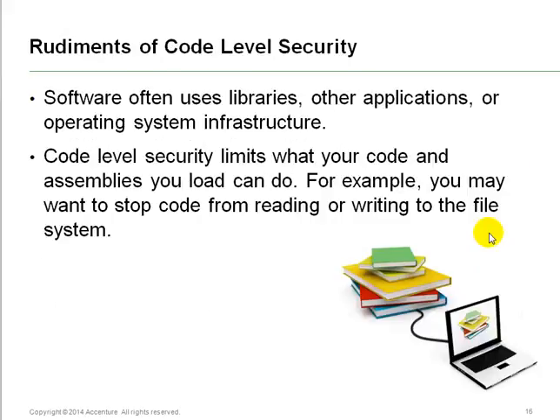Software often uses libraries and other applications, and when we load a library into our program, we may want to restrict what that library can do. For example, we may want to stop it reading and writing to our file system. That's a typical thing that we want to do.